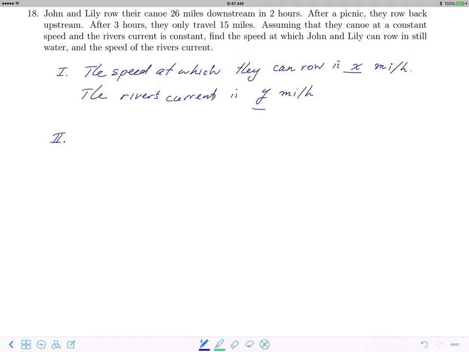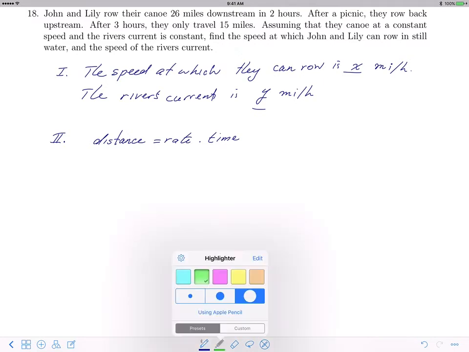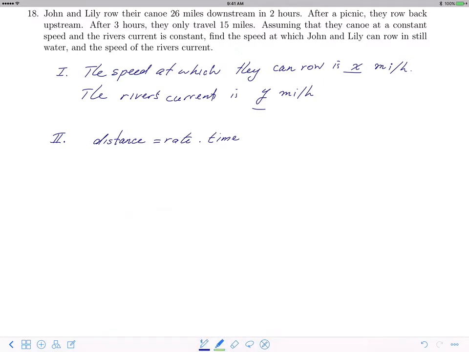But before we can do that, let's think about the basic formula of uniform motion, which is distance is equal to rate times time. So in the first part of this sentence, we say that 26 miles downstream in 2 hours.